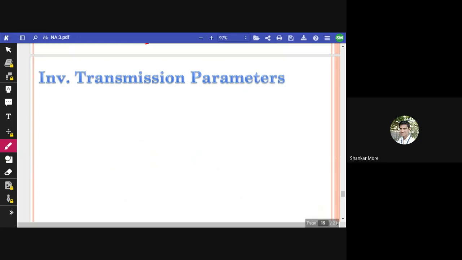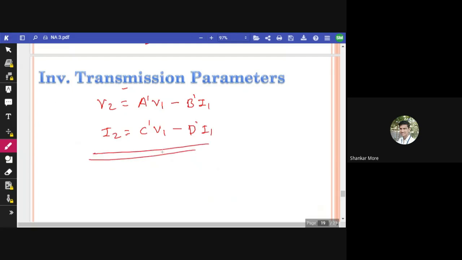The formulas are V2 is equals to A dash V1 minus B dash I1, and I2 is equals to C dash V1 minus D dash I1. These are the formulas for inverse transmission parameters.